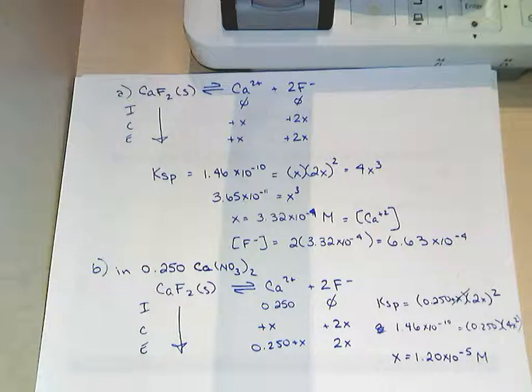I guess something in that ballpark. 1.2 times 10 to the negative fifth. All right, what is that the concentration of? It would be the calcium, which we can double check.